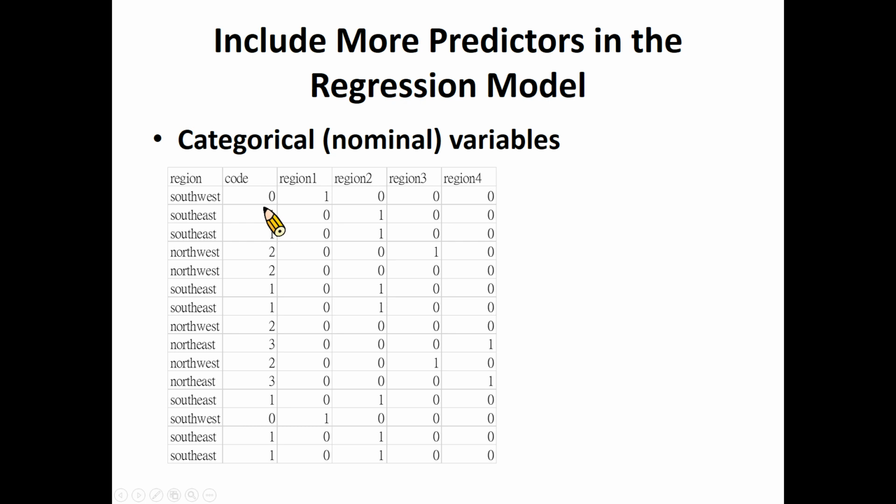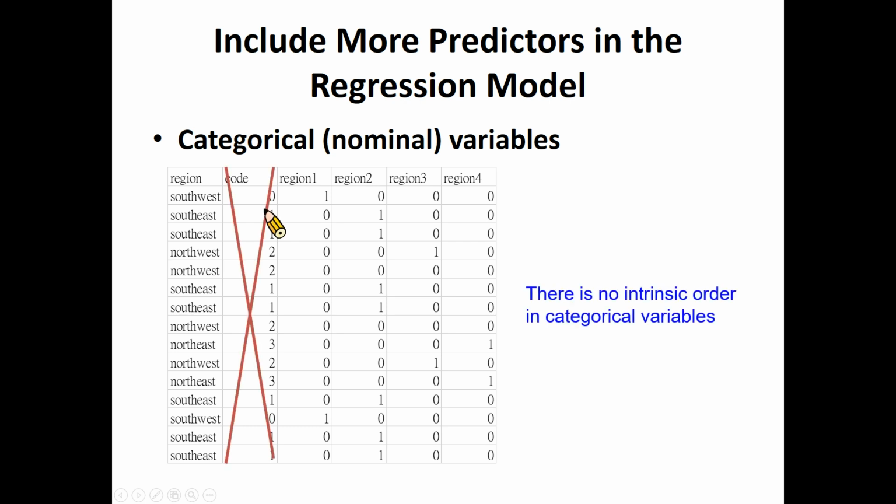Before that, I just want you to know that there is no intrinsic order in categorical variables, so it's not logical to assign ordinal values to them. Actually, we usually call categorical variables nominal variables, to differentiate them from ordinal variables or continuous variables.